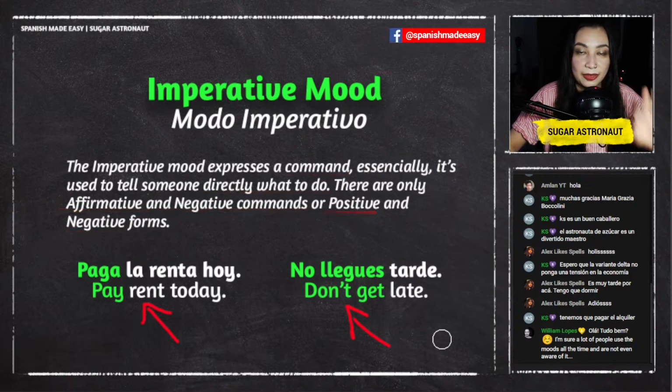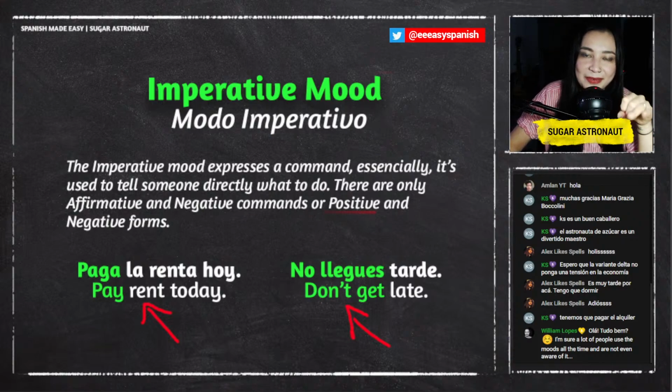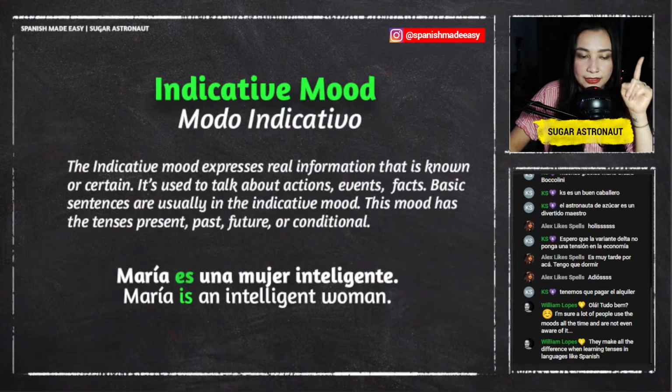So we learned 3 different moods: the indicative mood, el modo indicativo, the subjunctive mood, el modo subjuntivo, and also the imperative mood, el modo imperativo. The first one is about facts, actions, events, and real information that is known or certain.